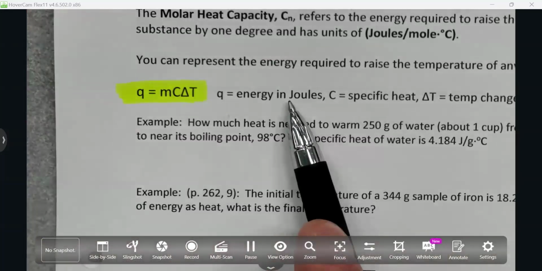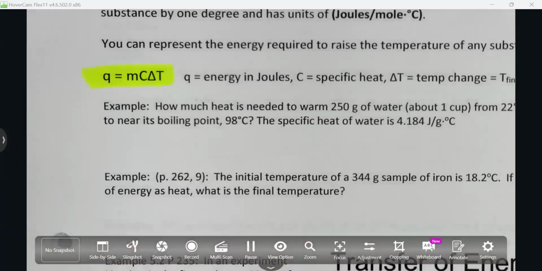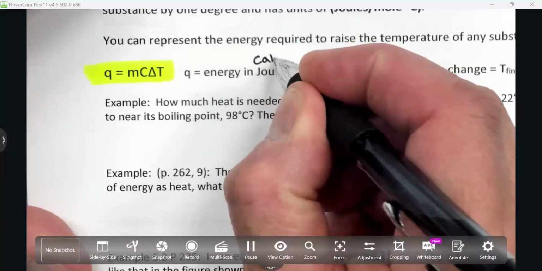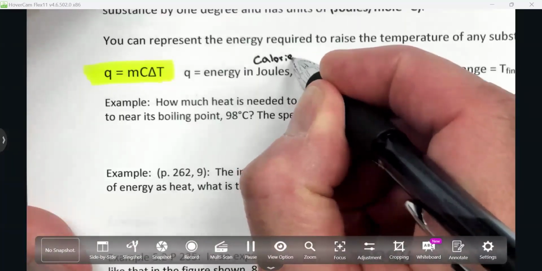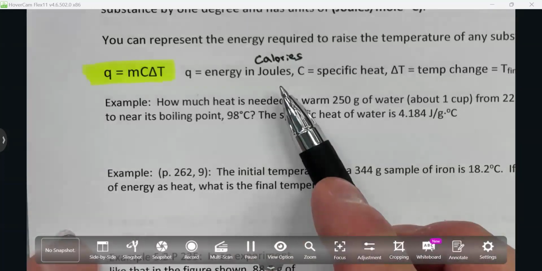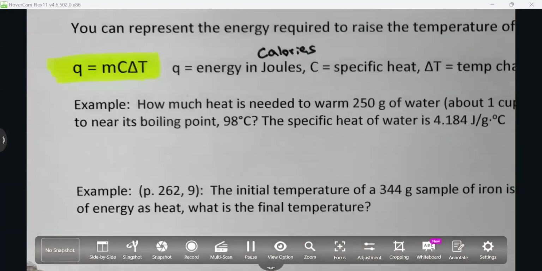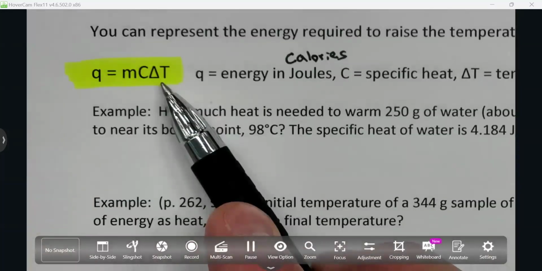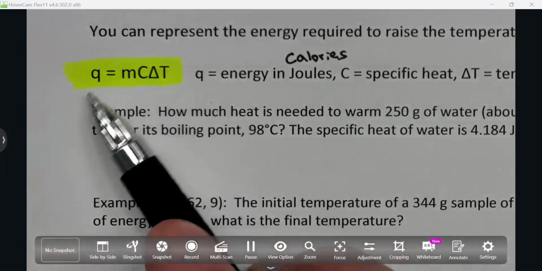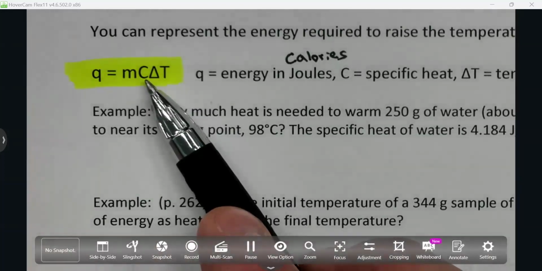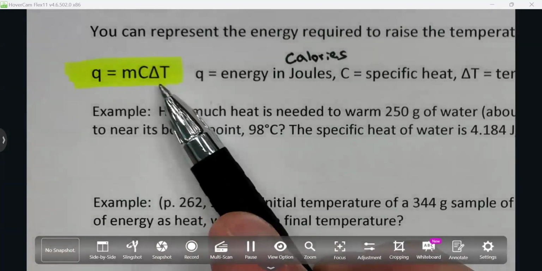It could be in calories, it doesn't have to be in joules. Typically it's in joules, but you can do it in calories, same thing. So we have the equation Q is equal to MC delta T: energy, mass, specific heat value, that's going to be given unless you have to calculate it, and delta T, change in temperature.